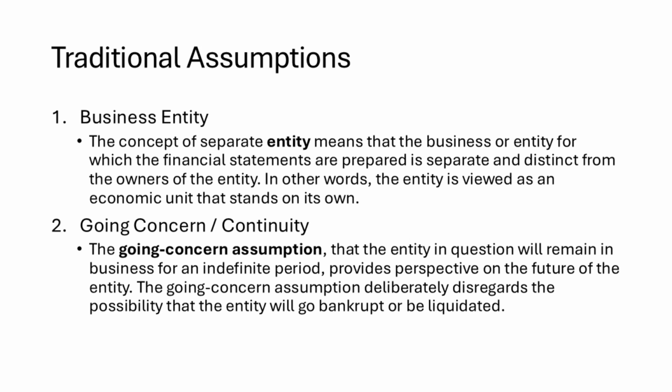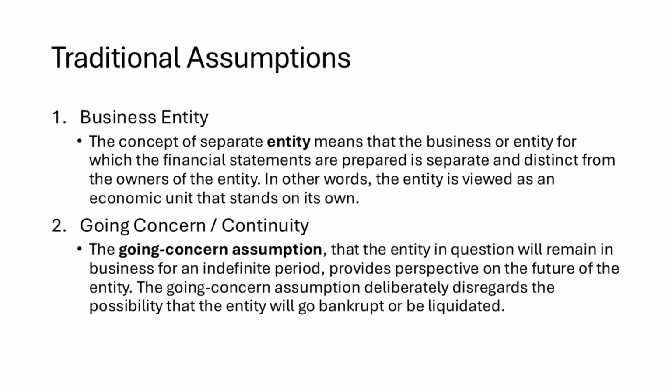An individual may own a grocery store, a farm, and a number of personal assets. To determine the economic success of the grocery store, they would view it separately from the other resources owned by the individual.